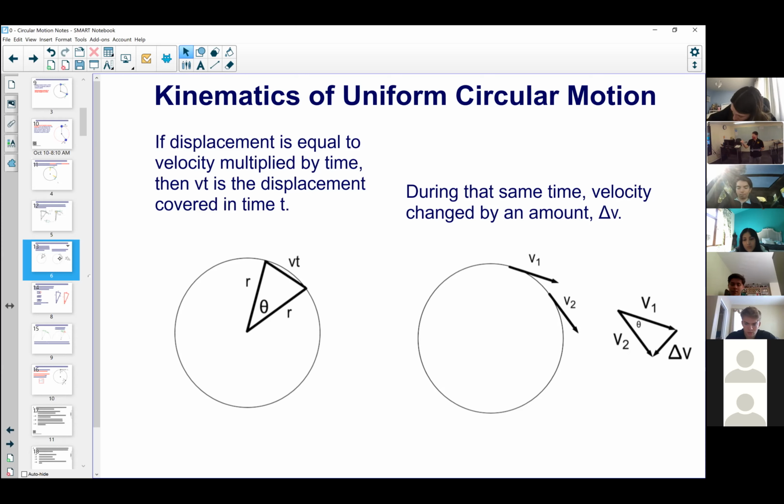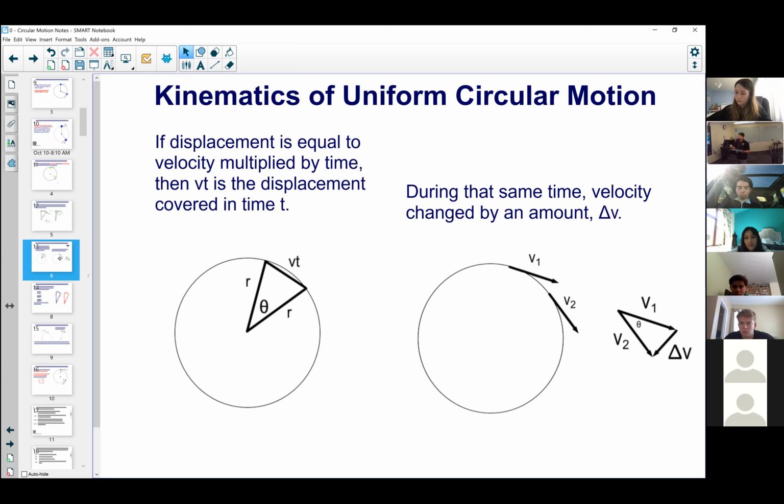If the time were infinitesimally small, it would basically be the same as the arc length, or very, very close. Now, we said uniform circular motion means constant radius. So the radius at velocity 1 and the radius at velocity 2 would have to be the same. So what kind of triangle is that? Isosceles. An isosceles triangle. We've got two legs that are identical and then a base.